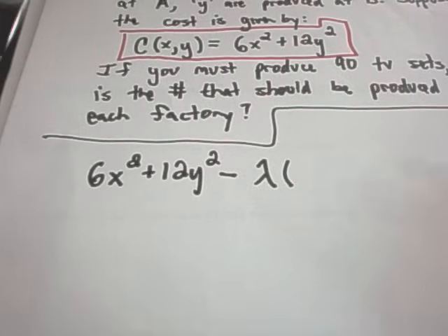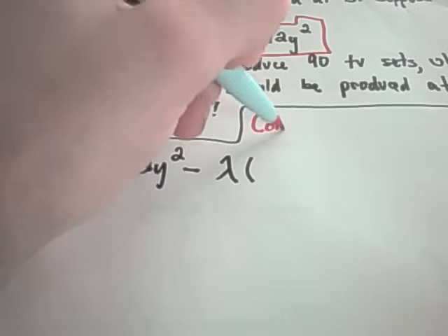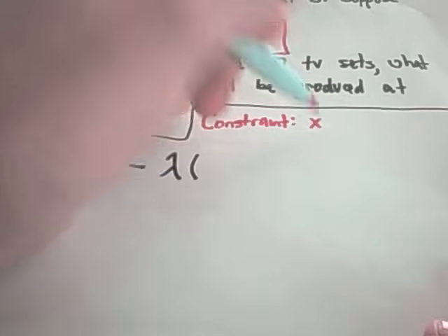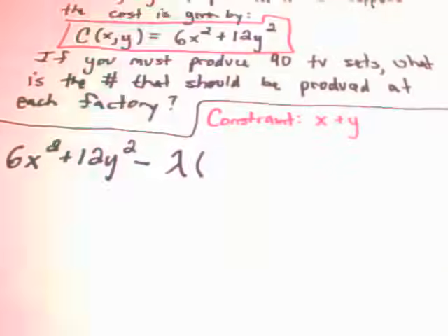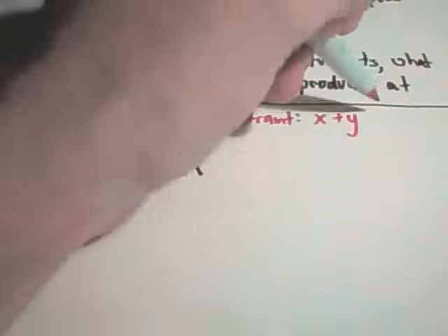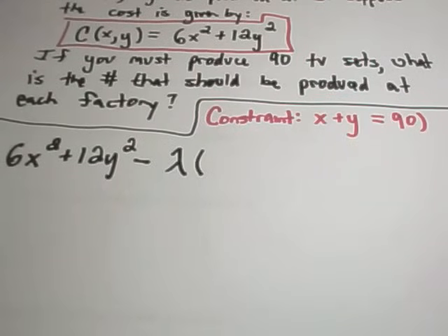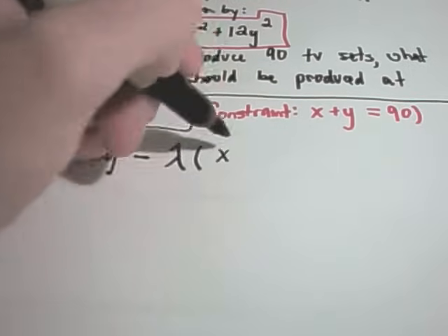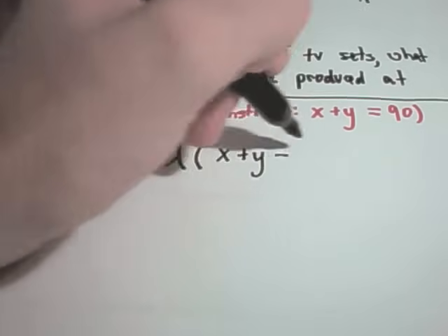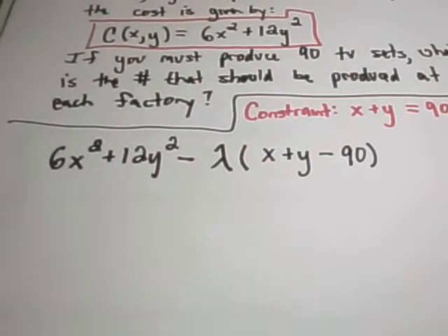And notice in this case, since we have to produce 90 TV sets, our constraint would be that the number of TV sets from factory A plus the number of TV sets from factory B, sorry about the light, would have to equal 90. What you do with this constraint again though is you want to make one side equal to 0. So I'm going to write this as x plus y minus 90, and now I'll have 0 on the right side.